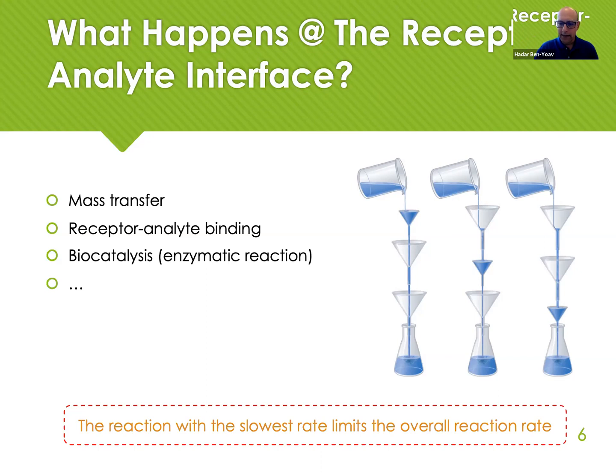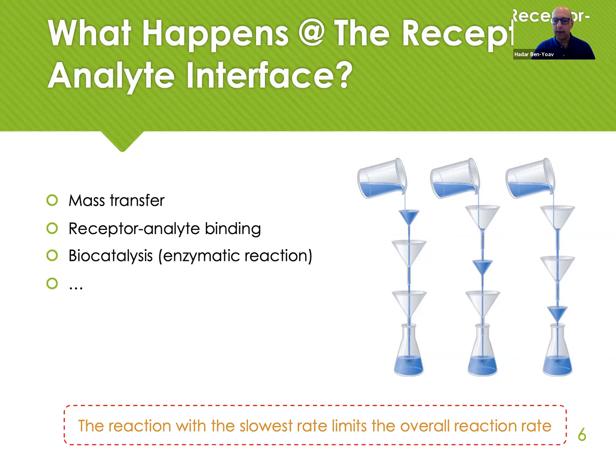In the other example, the smallest one, which has the smallest diameter, is in the middle, so it doesn't matter how fast we flow the water from here. Eventually, the rate that the water flows from this funnel will define the rate that the water fills the bottle. And also for the third one.